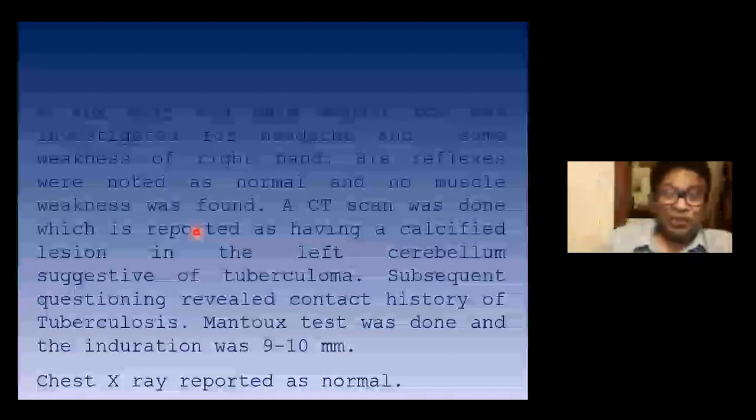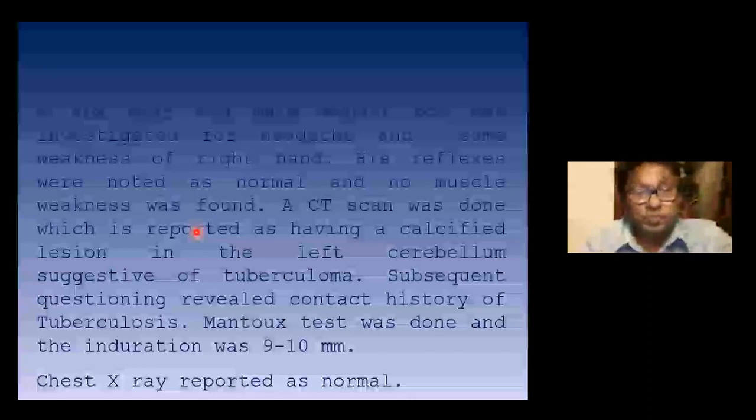And the X-rays also, I have seen a normal X-ray reported as TB. This is happening in the Philippines as well. I have seen many times Filipinos coming with reports of TB, but they never had TB. So this is overdiagnosis, and this contact history also may not be right. The Mantoux may be high anyway in Nepali children.